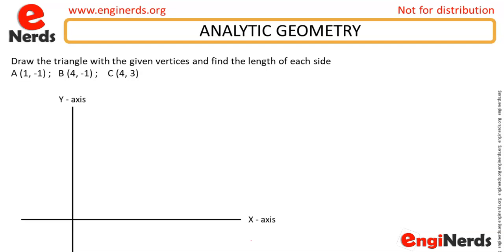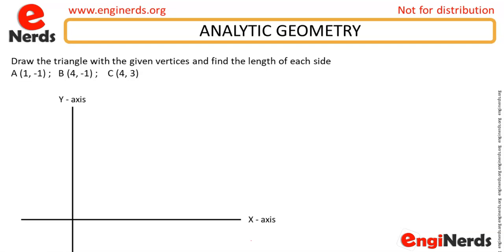So that means we need to use the distance formula on every points para ma-identify natin yung length ng each side ng triangle. So again, first things first, we need to plot itong mga points natin. So, unahin natin yung point A. So, ilolocate natin yung point A dito sa ating graph.